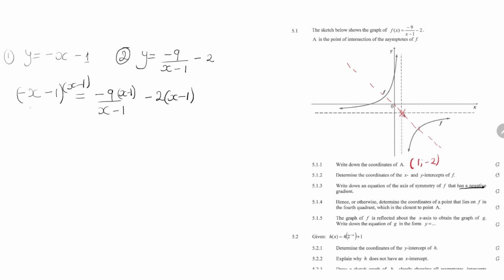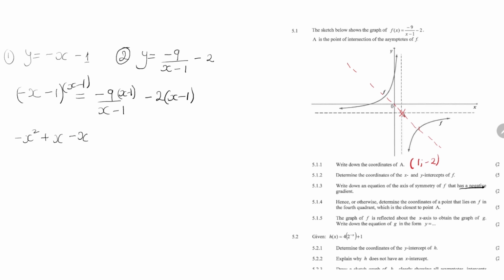So now let us multiply here. Minus x multiplied by an x, we have a minus x squared, minus x multiplied by a minus 1. So because we're multiplying a negative and a negative, that's a positive x. Okay, now we have minus 1 multiplied by x, that is a minus x.